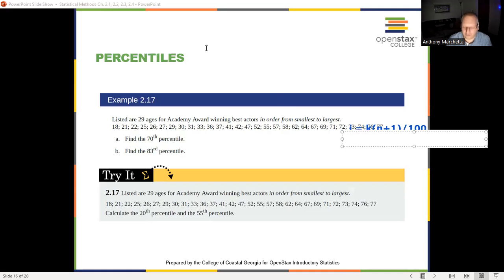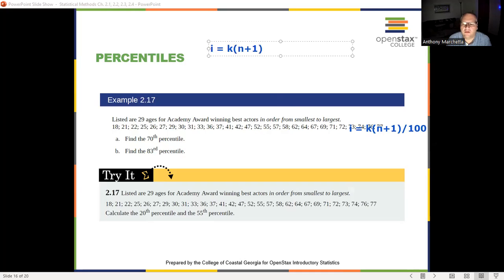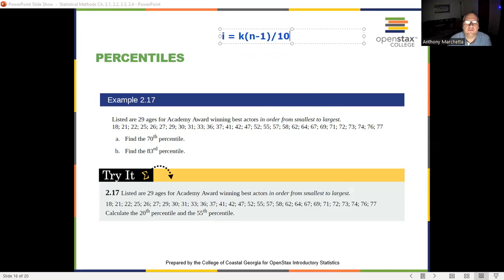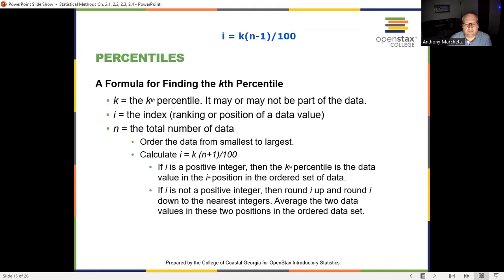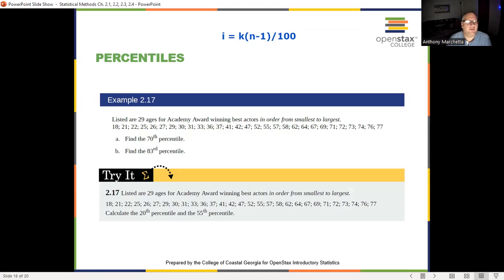I'll put it up here. Yeah, it's supposed to be plus 1. All right, whatever. It's supposed to be plus 1.